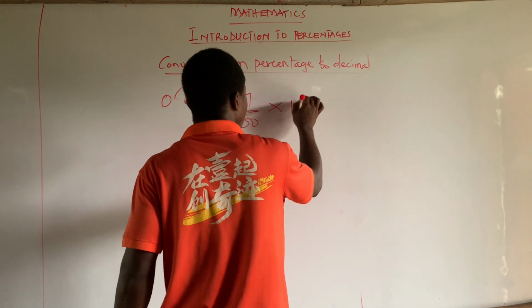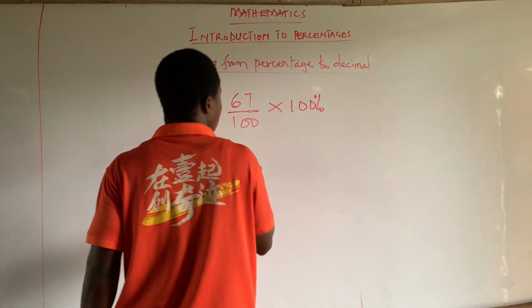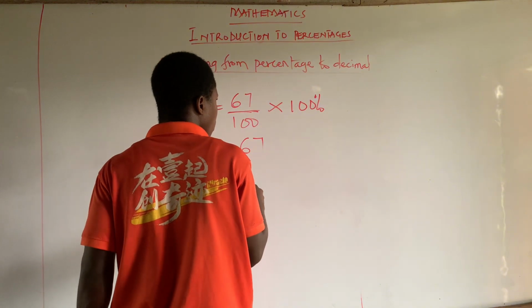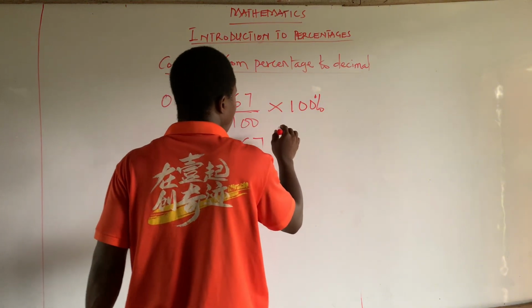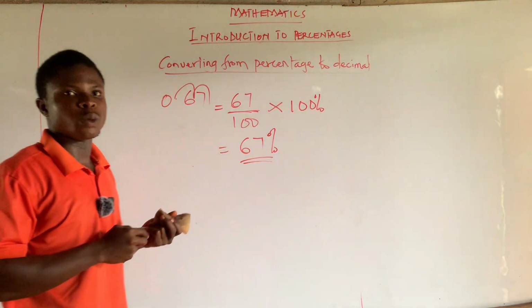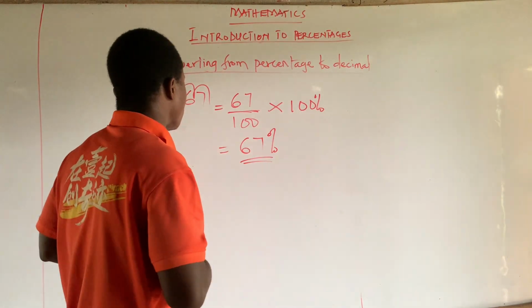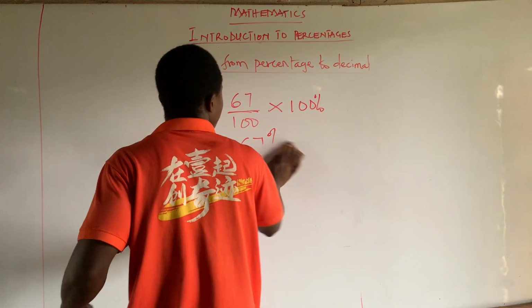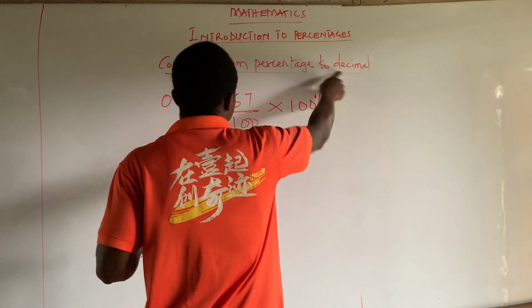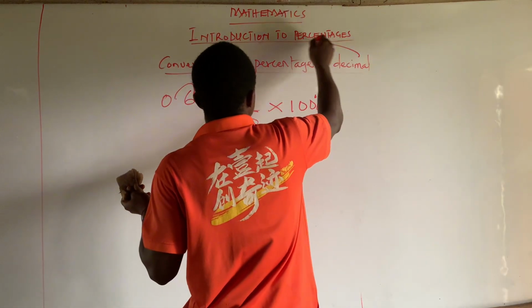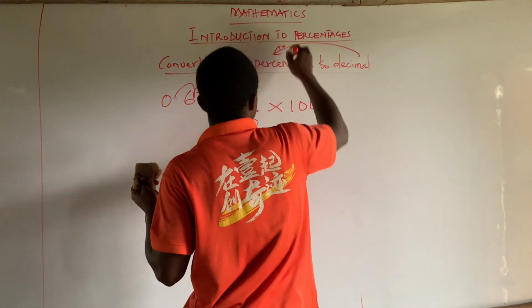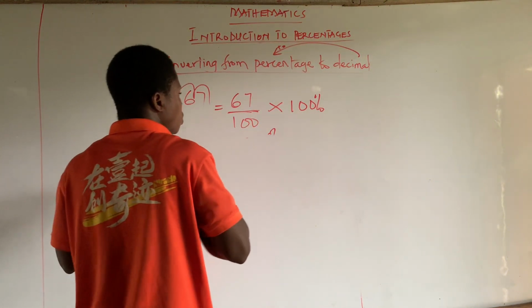You are converting it to 100%. So this is 67%. I hope you've gotten it. So from percentage to decimal, and from decimal to percentage, we've done it.